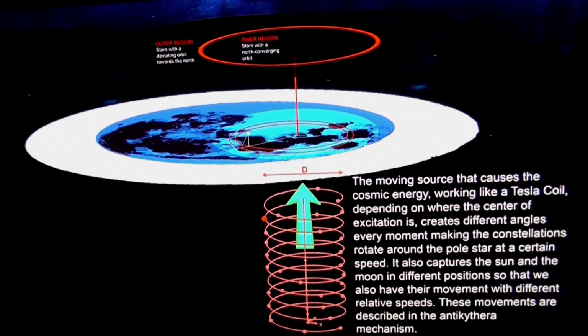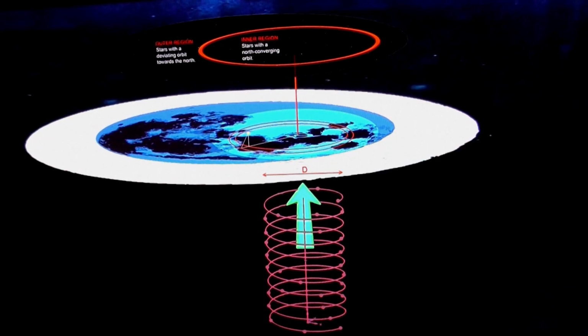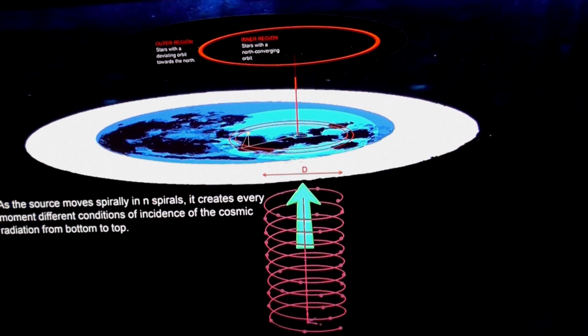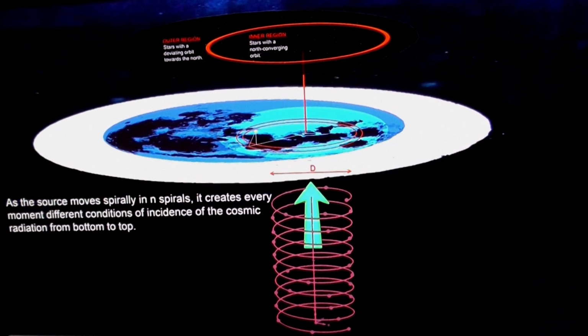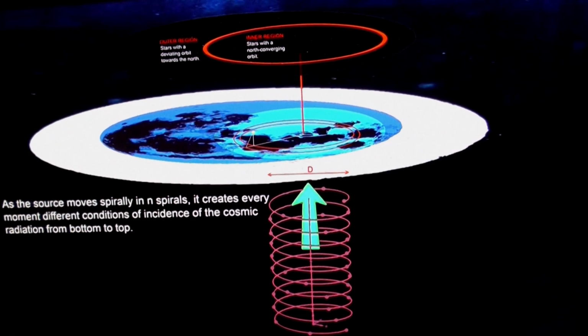As the source moves spirally in n spirals, it creates every moment different conditions of incidence of the cosmic radiation from bottom to top. The diameter d of the spiral of the black sun has a certain length, much smaller than the diameter of the Earth.